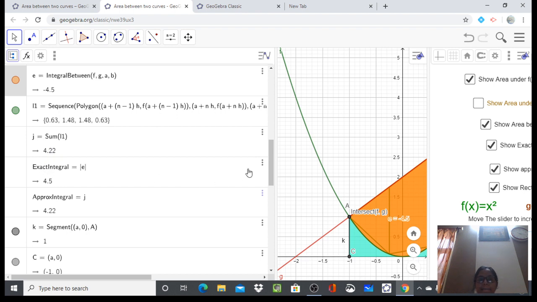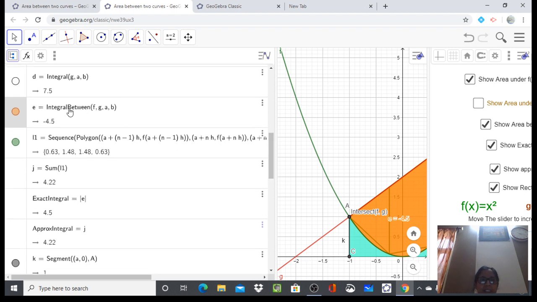Exact integral: this is the E we have taken, the integral between f and g, from a to b, that means the area between f and g between the limits a to b. Because area is never negative, we have taken the absolute value.